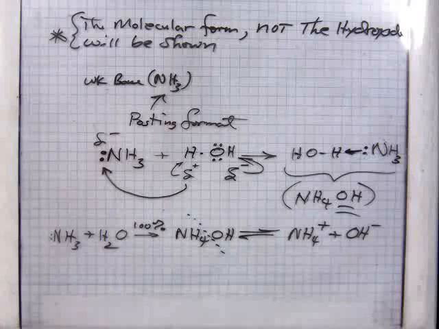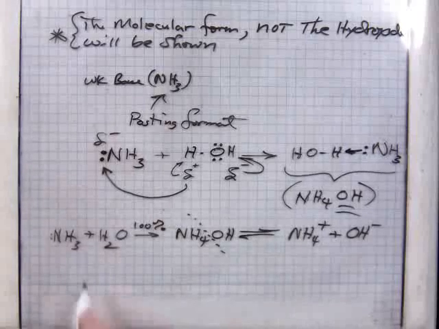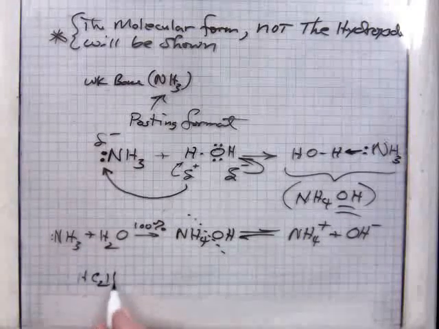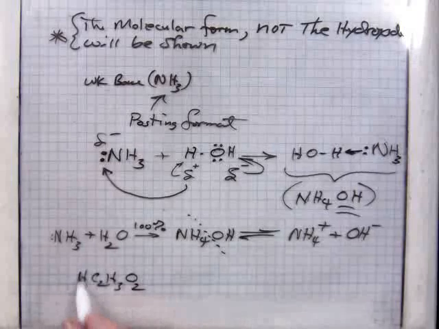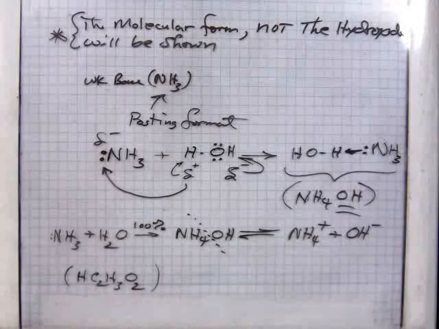And so if we write out something that doesn't match that, HC2H3O2, and tell you that's an acid, strong or weak, you don't have to know what it is.